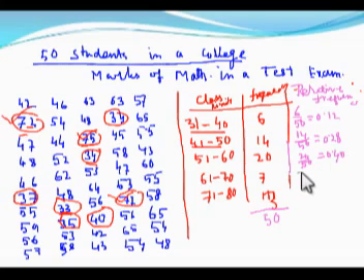And there is 7 by 50, so it will be 0.14. And then we will have 3 by 50, so it will be 0.06.